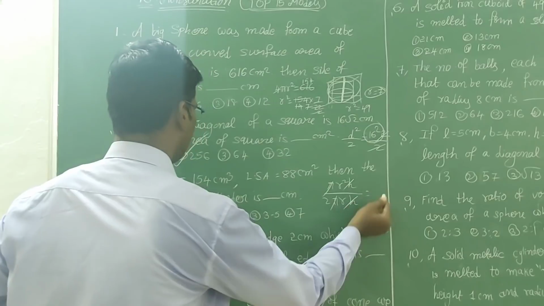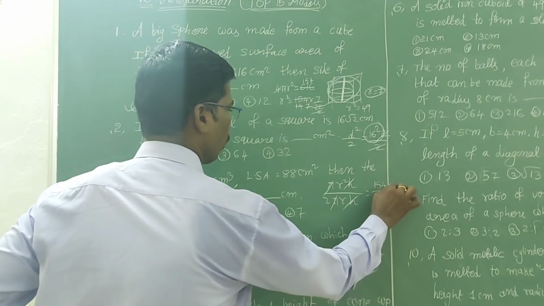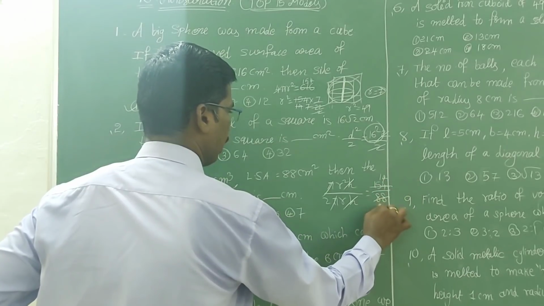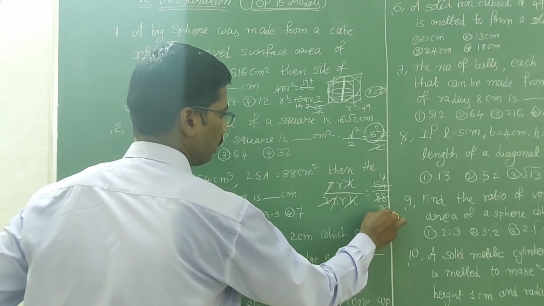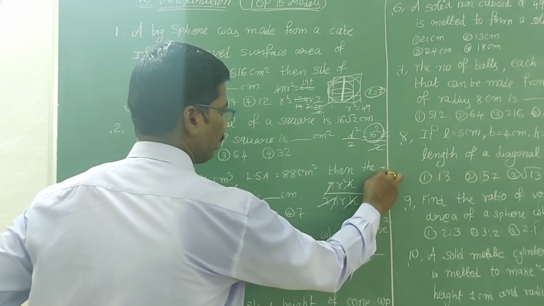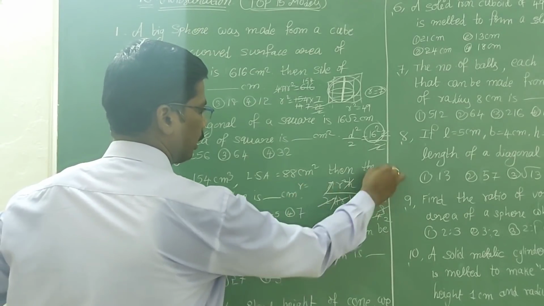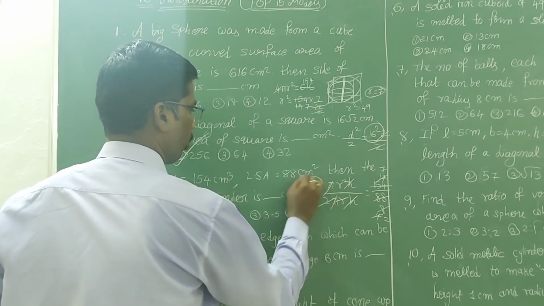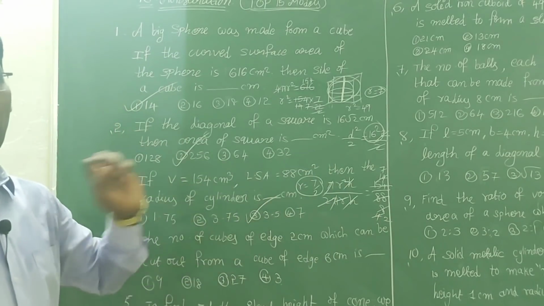So now this is equal to 154 by 88. 11 14s are 154, 11 8s are 88. Next 2 1s are 2, 2 4s are 8. Next 2 2s are 4, 2 7s are 14, and r gets cancelled. So I am getting r as 7 by 2, which means 3.5.